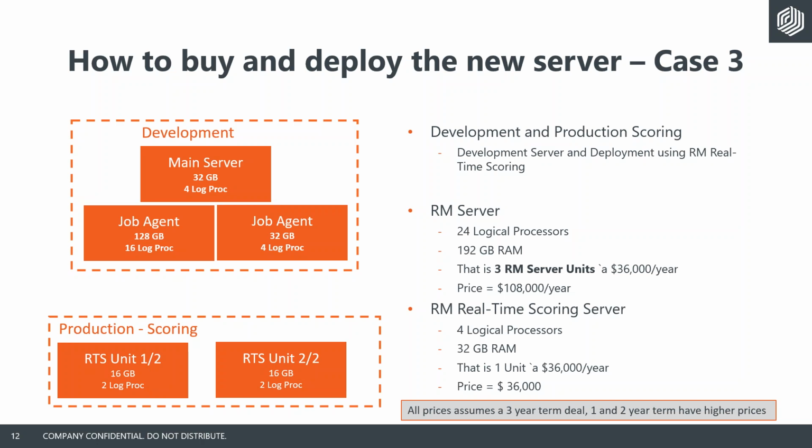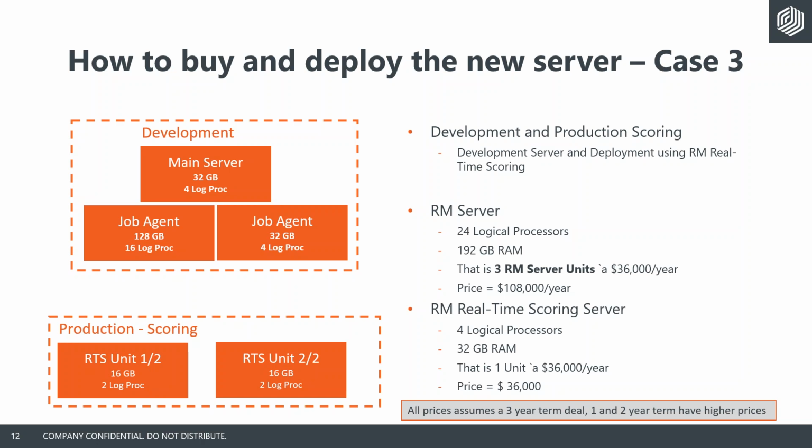But then I'm deploying or running in production the scoring units, and those are a little bit different configuration. But then again, the pricing there is as well 36 per year. But the RAM configurations are as before. You should probably look into this again if you're not familiar with the real-time scoring server.